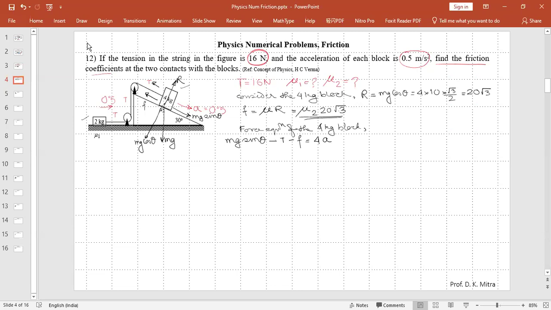From this, 4 kg, g is 10, sine theta is half, minus tension T, which is given as 16 Newton, minus this F. This Fk is 20 root 3 mu2, equal to 4 times a. Now a is also given as 0.5.